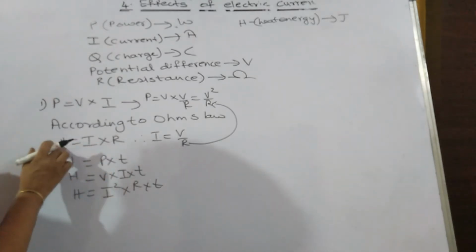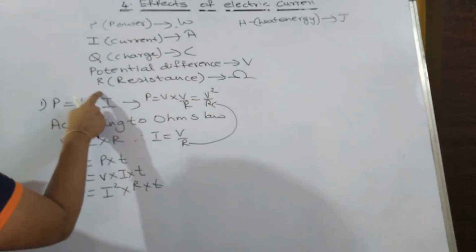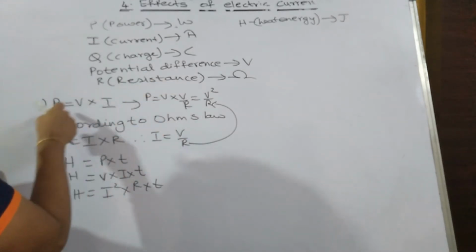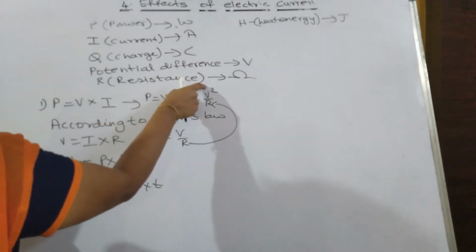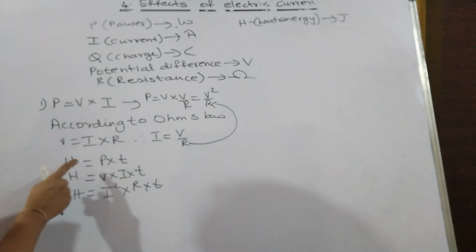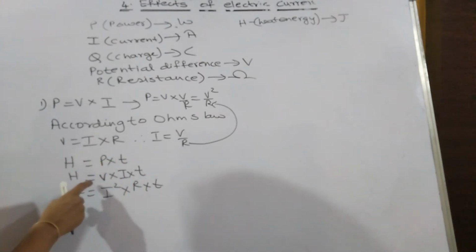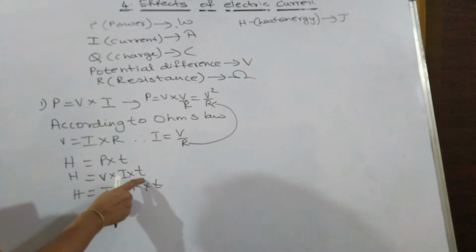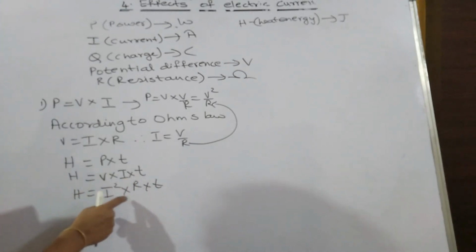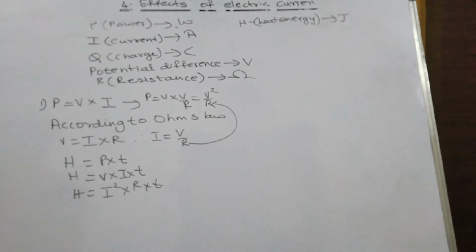If I shift this R on this side, I is equal to V upon R. So if I put V upon R in place of I, I get another formula of power: power is equal to V square upon R. Now heat energy, H is equal to P into T, that is power into time. H is equal to V into I into T, and H is also equal to I square into R into T. So according to the information given, you have to use the formula.